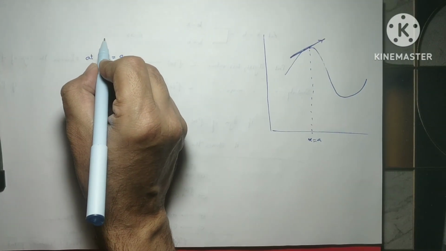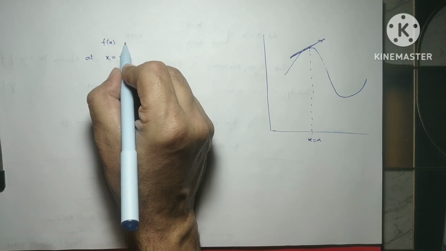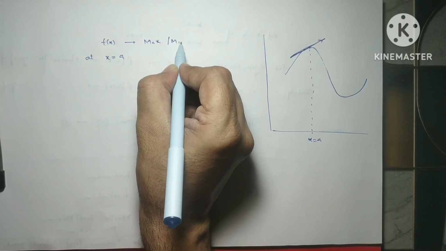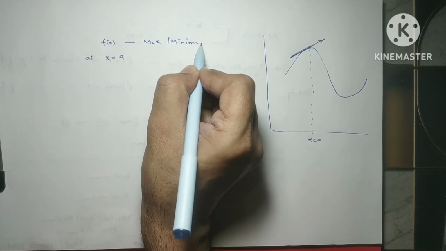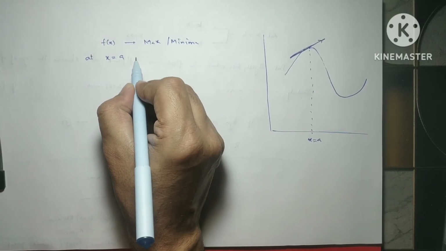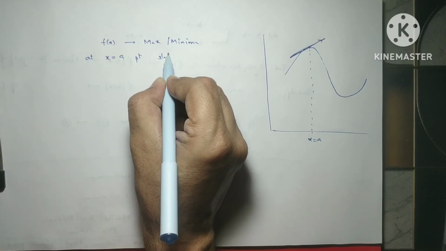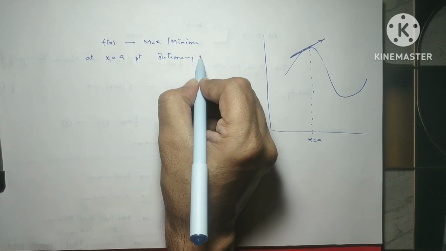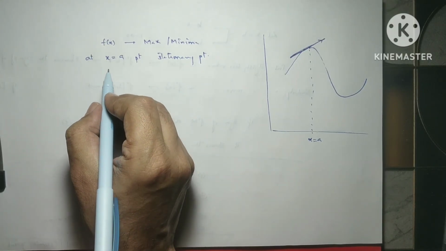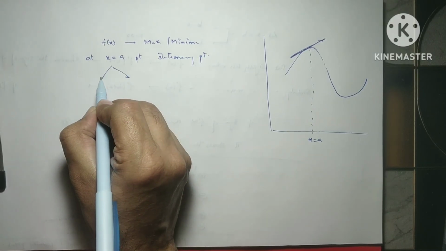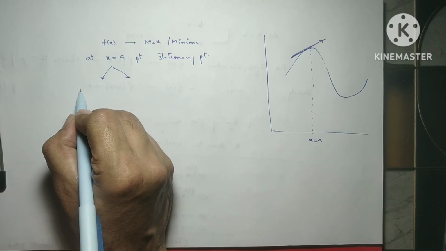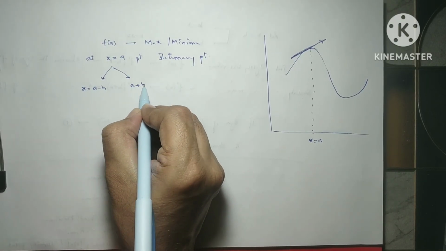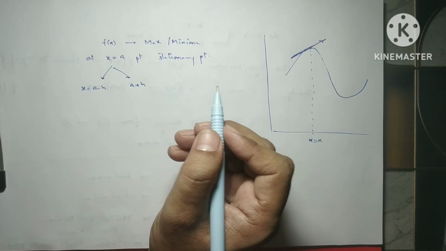Means we have function f x and we are checking maxima or minima at x equals to a, a stationary point or turning point. So we consider the two values nearer to this point, that is x equals to a minus h and a plus h, slightly lesser and slightly more value.